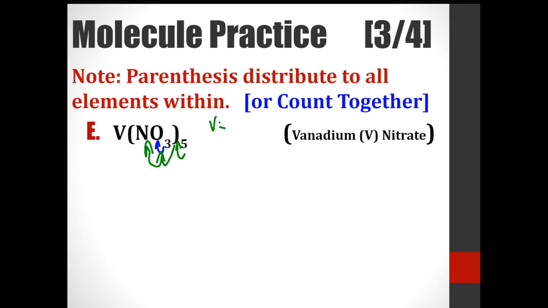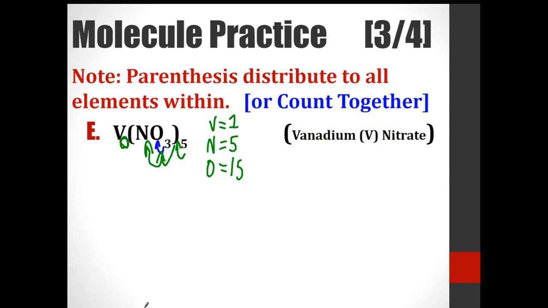So as far as V is concerned, I only have one of those things. There's nothing to the lower right. It's not in the parenthesis, so that's fine. Then I got my N and my O. My N has nothing next to it, but it is within the 5, so there's 5 of them. And then 5 times 3 is 15 oxygens.